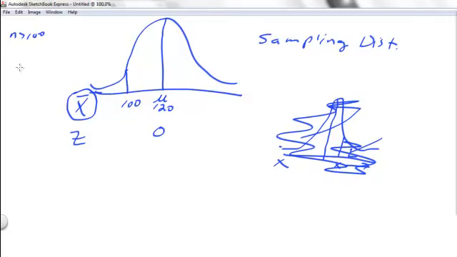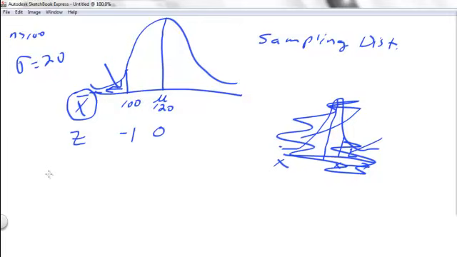If the standard deviation was 20, then we know that the z here is -1. And if we looked up the p-value for z at -1, that would tell us the probability of taking a sample and getting an x bar from that sample that is 100 or less. Okay, does that make sense?